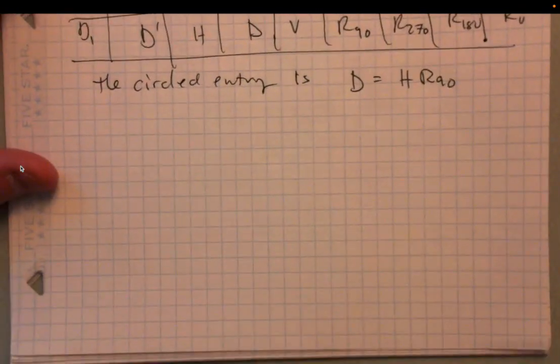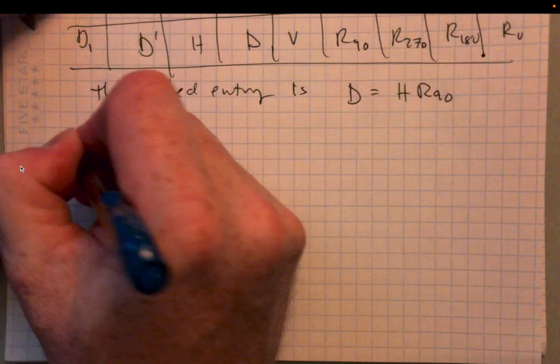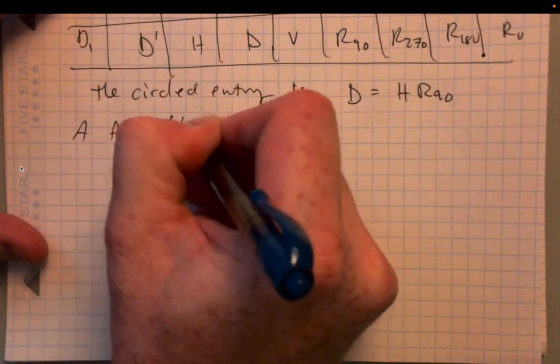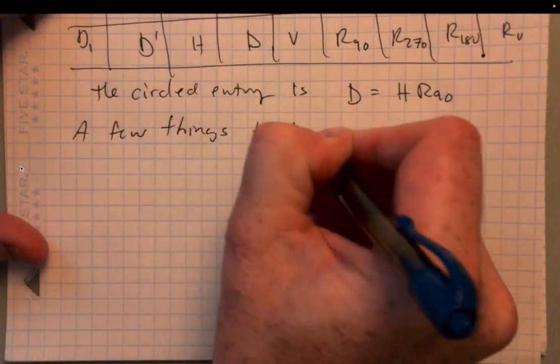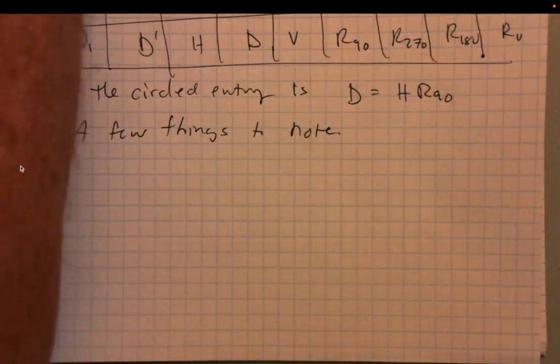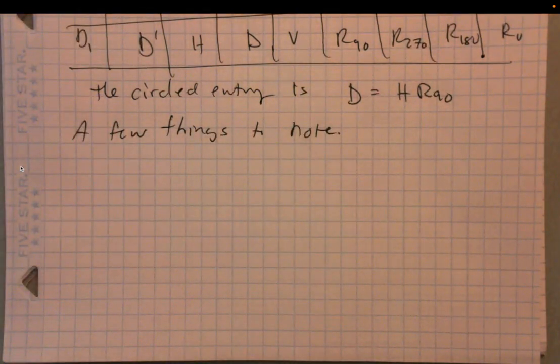A couple things to notice about this table. So the first thing is that for any 2 motions done in a sequence, the resulting motion is in the group, isn't it?